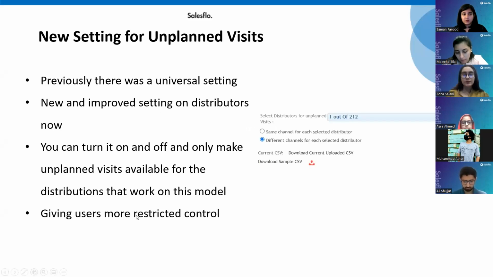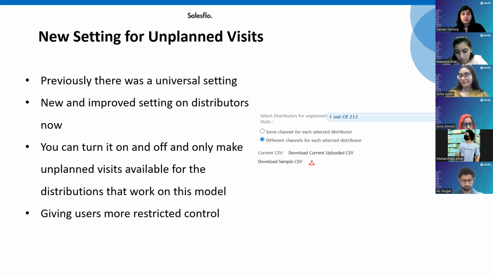Okay. So moving on to the next feature that we worked on. This is basically a setting that has been made for unplanned visits. Any customer who has been using our unplanned visits feature would know that there was a simple setting that you used to enable, and then unplanned visits were applicable in the mobile application for any order booker and for any distribution belonging to that company.